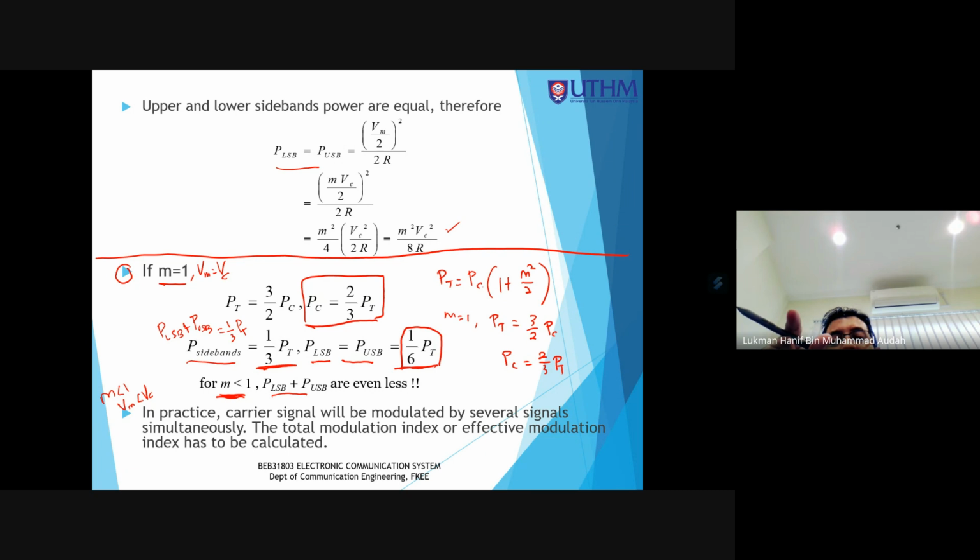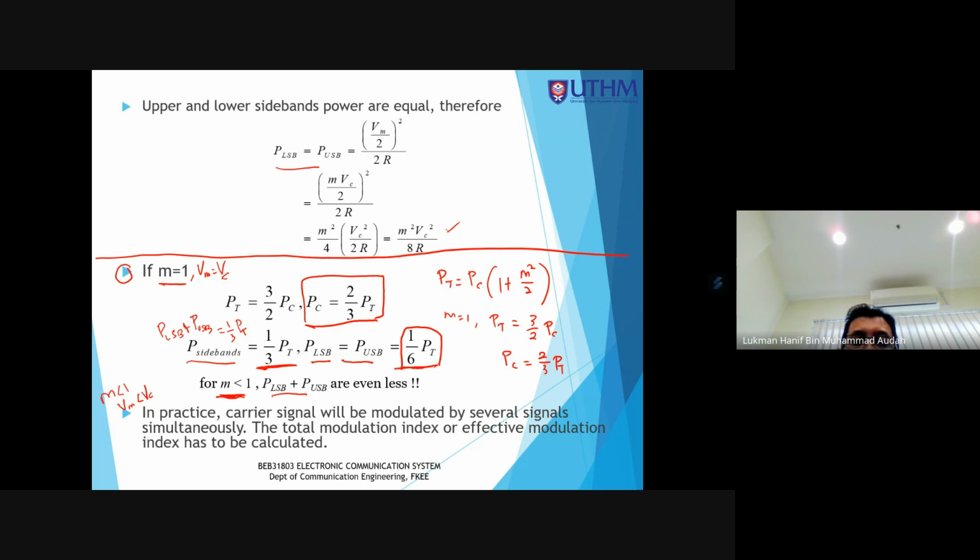So this evidence proves the previous statement of the AM disadvantage, that double sideband full carrier wastes a lot of power on the carrier component, where the carrier component does not contain any information.